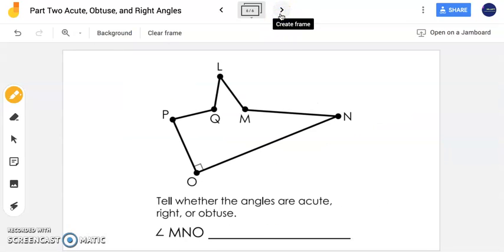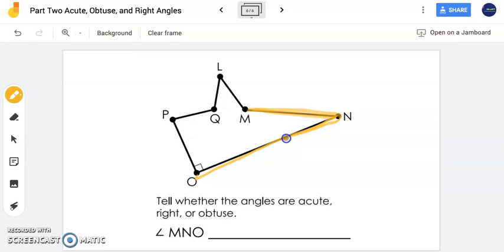We are going to do the same thing in this irregular figure. Here again, I have angle MNO and I need to classify it. So first, let me find where MNO is in this irregular figure. So now I see point M forming angle M, N to O. And notice I could have done O and M, still the same angle.